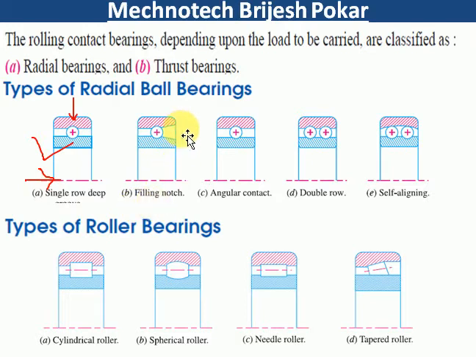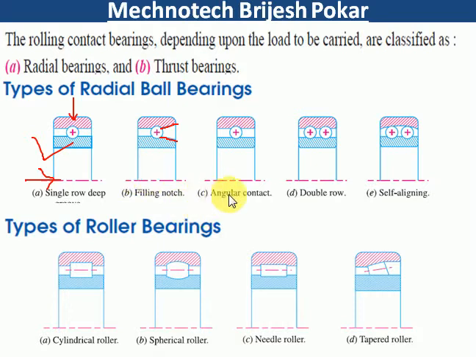Second is the filling notch. So here there is some difference, a filling notch is provided, and because of the filling notch we can add a large number of balls. Because of adding a large number of balls, the radial load carrying capacity is also increased. So this is about the filling notch.